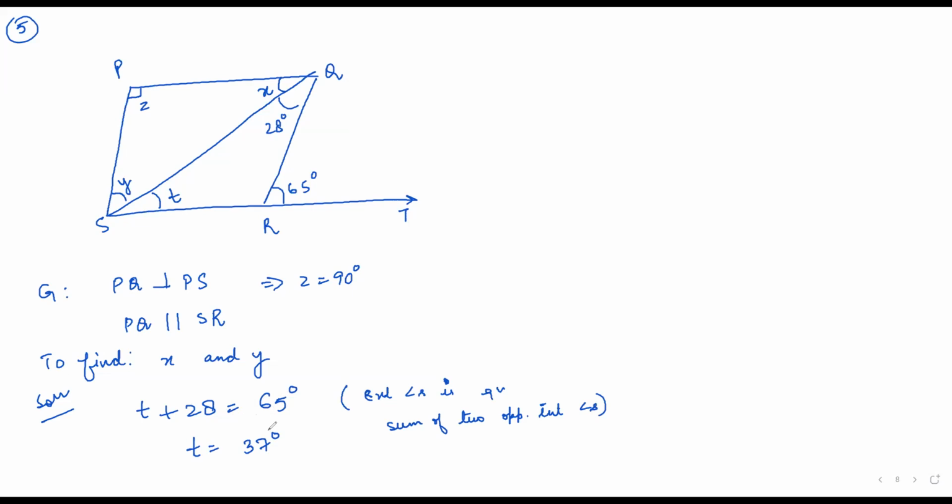Okay, seems fine. So if t is 37, how much should angle x then be?